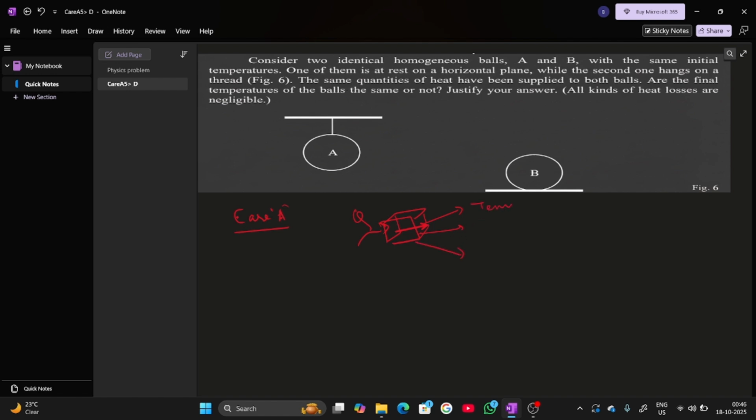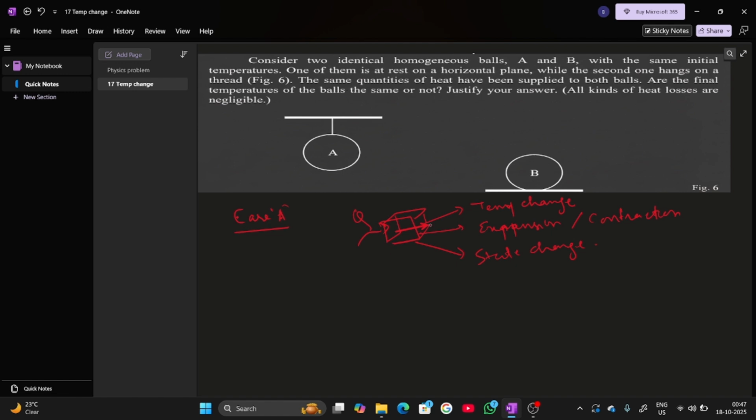Either there will be a temperature change, or there will be expansion or contraction, or there can be a state change, like ice to water, water to vapors.